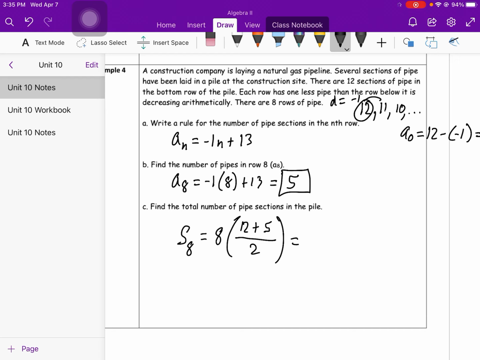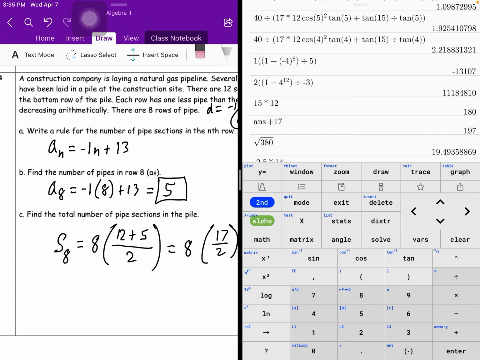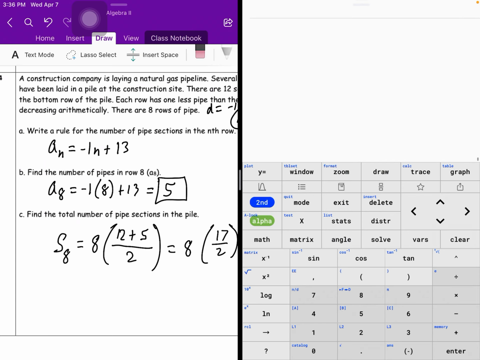We're going to divide that in half. So this one we get 12 plus 5 is 17 divided by 2, and half of 17 is 8.5. And when we multiply those together, we should get 68, I believe, but we'll do this just to be safe.